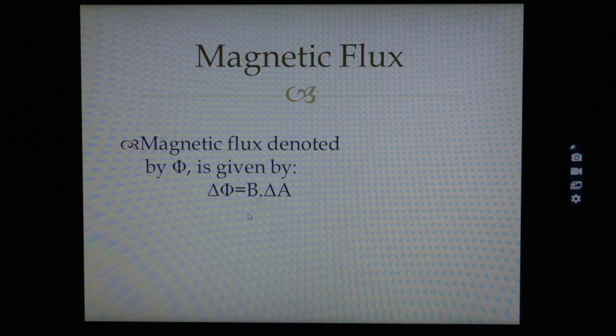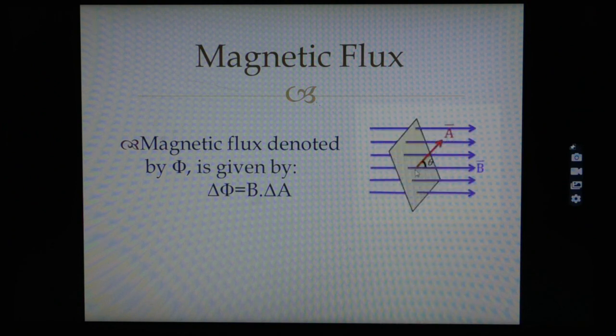So this is giving you the symbolic way to define magnetic flux, that is delta phi, and mathematically it is given by delta phi is equal to B dot delta A. So in the given figure, the lines of force are denoted by these arrowheads, that is B, and this A is the area vector which is always perpendicular to the surface.